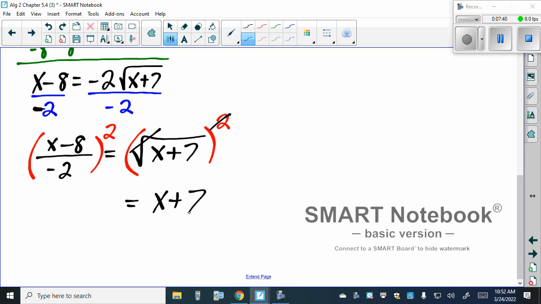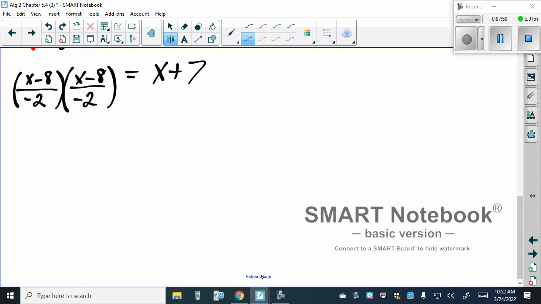It just took a few more steps to get there. On the other side, we have x minus 8 over negative 2 times x minus 8 over negative 2 equals x plus 7.